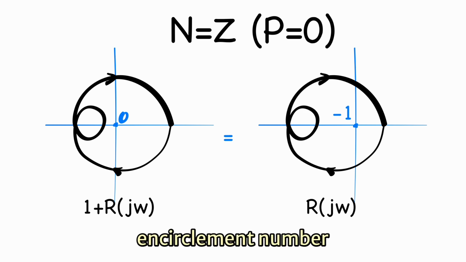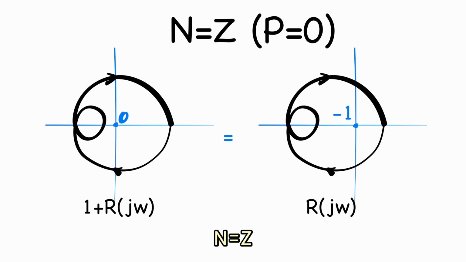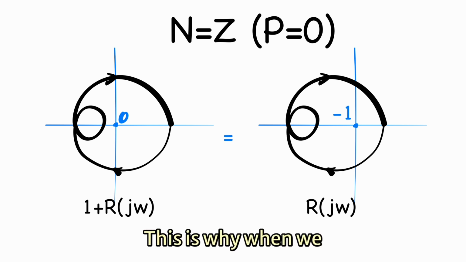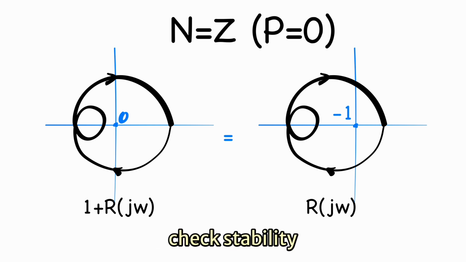This means the encirclement number N equals Z. That is, if R of j omega encircles minus 1 once, there is 1 zero of 1 plus R on the right-hand plane, which makes the function unstable. This is why when we check stability, we will use phase margin as an important parameter.